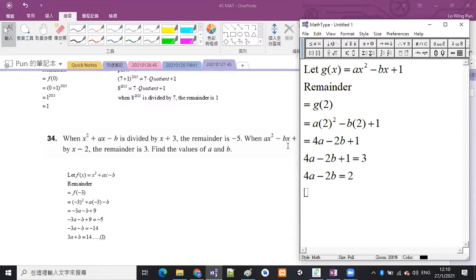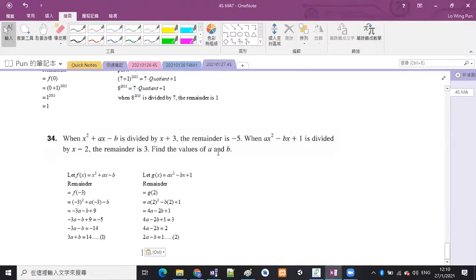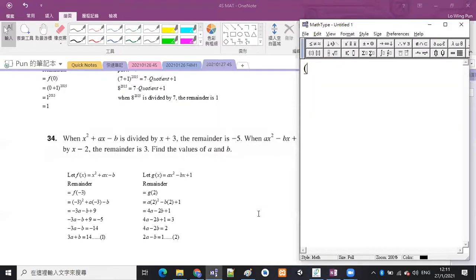And then all the numbers are even numbers. So I need to clear the common factor. 2a minus b is equal to 1. And label this to be equation 2. Okay, so now we have equation 1, equation 2, and I noticed that the b term is positive b, negative b. So when I add the two equations together, I can cancel out the b terms. So equation 1 plus equation 2.